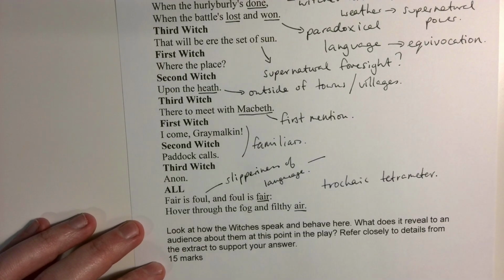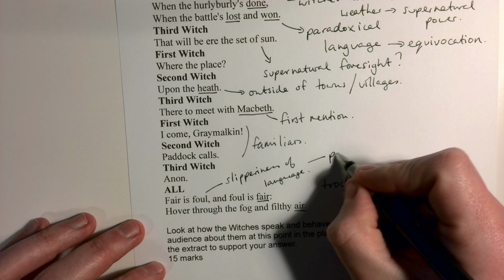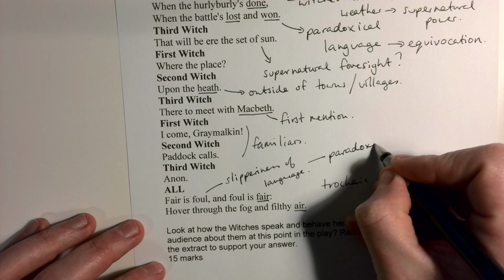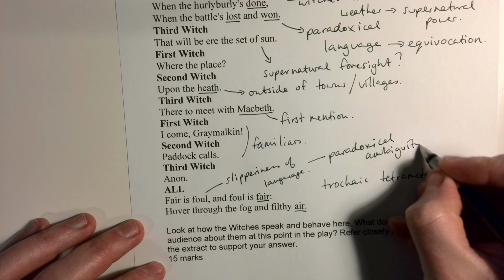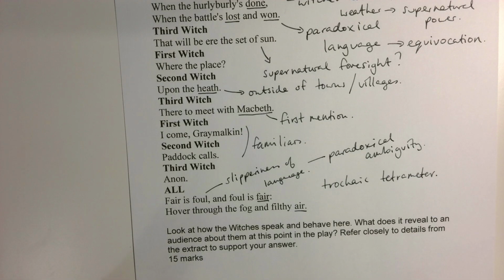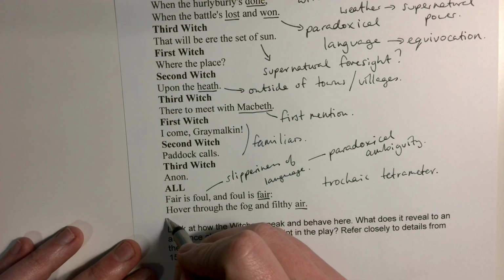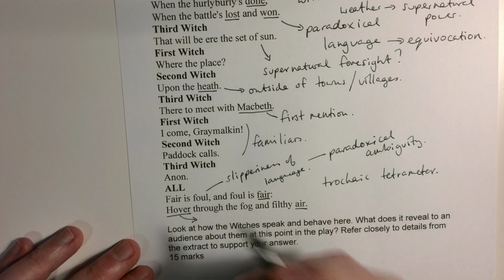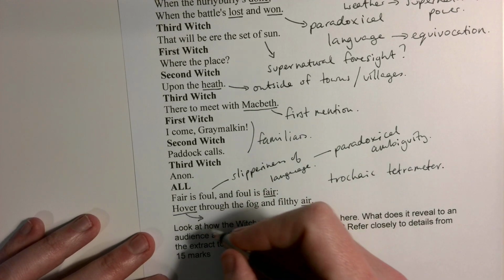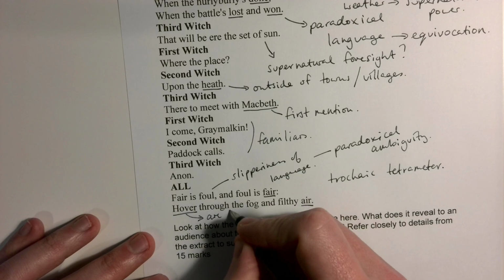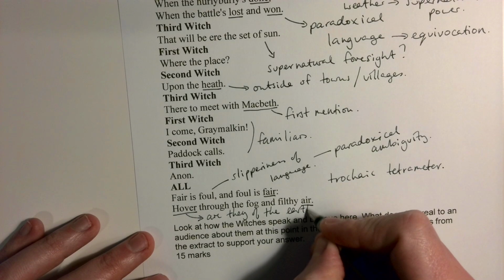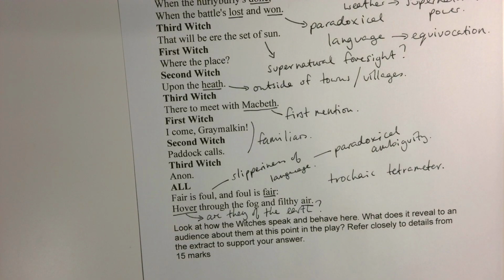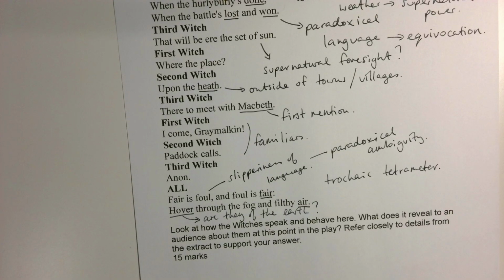We've got this strange, again, paradoxical kind of ambiguity that's going on here. That's very important. We are reminded that they hover through the fog and filthy air. Again, are they of the earth? Something that Banquo asks directly when they actually end up meeting the witches.